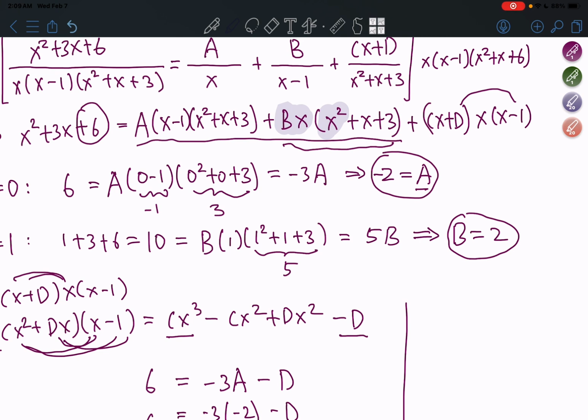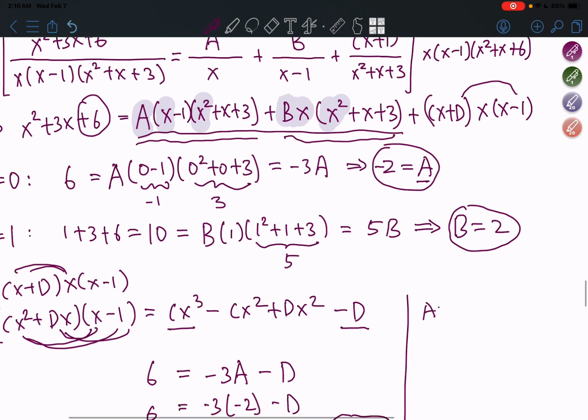For the a terms, I can do a times x squared. Let me write that down. That's actually equal to ax cubed. Actually, that's the only way. Oh, we got lucky there. So ax cubed, that's the only way.